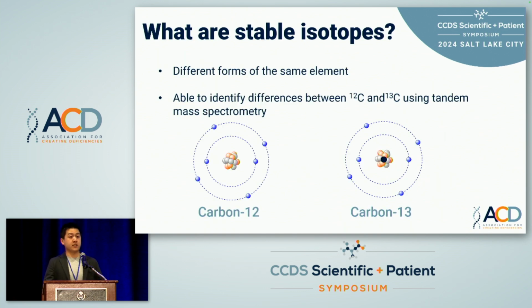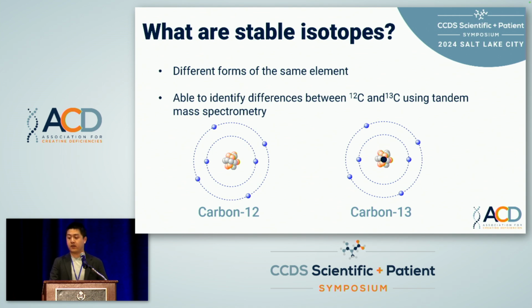But before I continue with the presentation, it's first important for me to establish what exactly stable isotopes are. Stable isotopes are different forms of the same element that differ in the number of neutrons present within the atom. One example of this is carbon-12. Carbon-12 is the predominant isotope of carbon, and it contains 6 protons and 6 neutrons, therefore giving an atomic mass of 12, and therefore the name carbon-12.